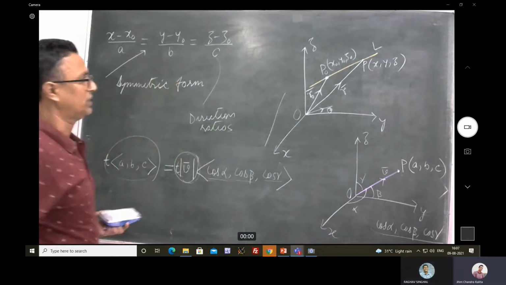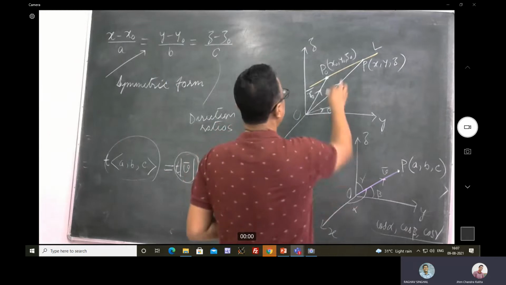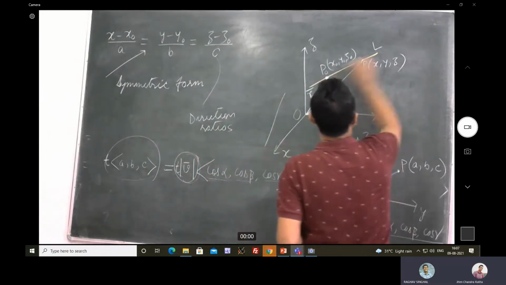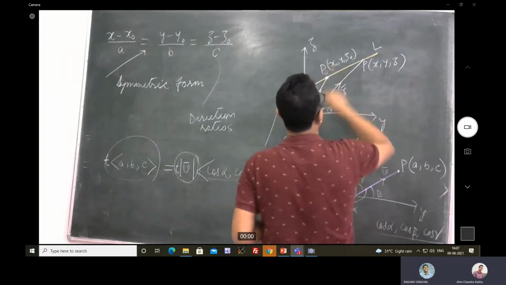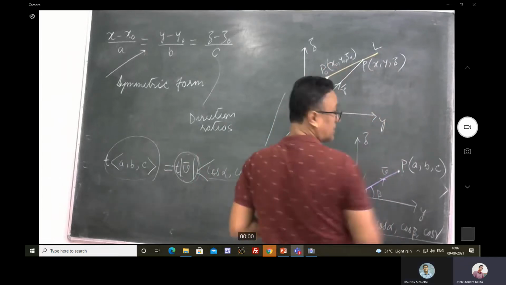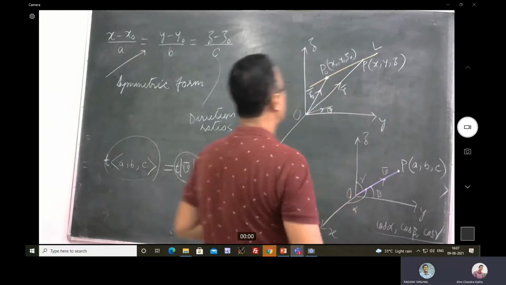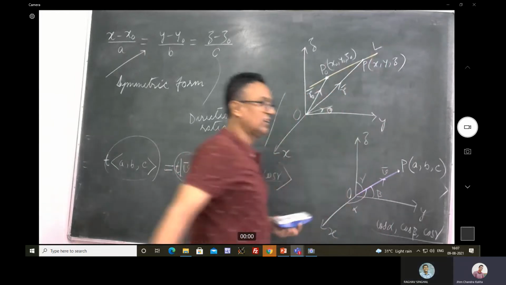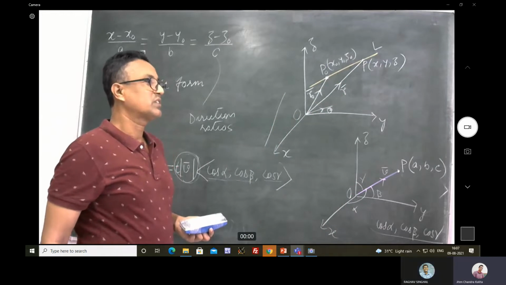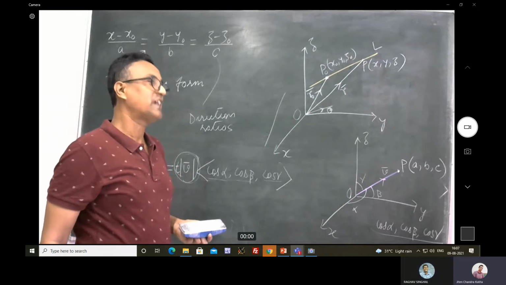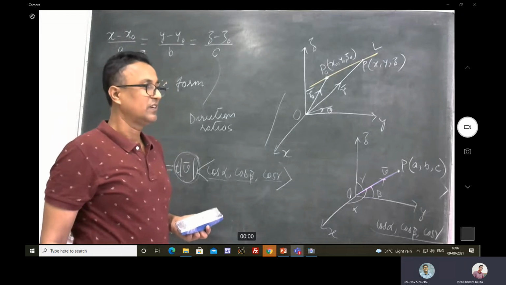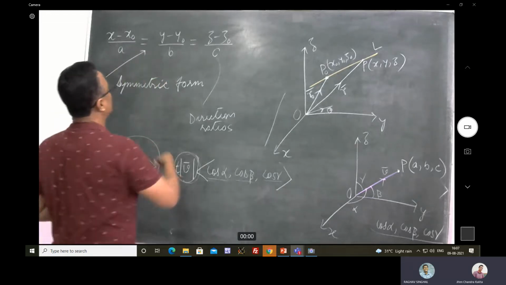Because if I consider any straight line passing through the point P naught, and which is parallel to L, then what is going to happen? Their direction cosines are going to be the same.